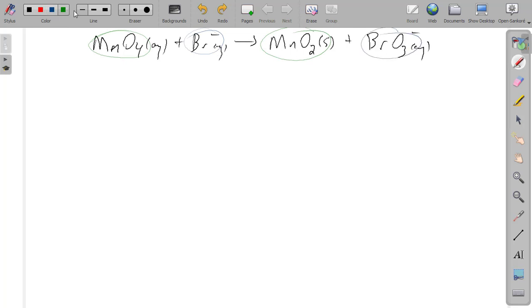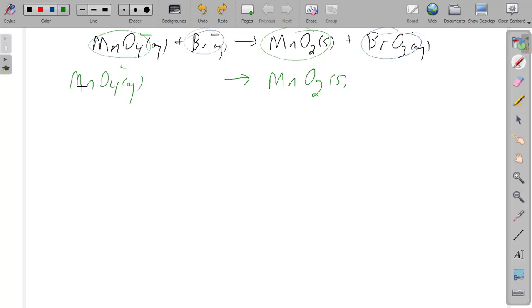So let's focus first on the manganese. We have MnO4 minus, aqueous, which is going to somehow yield MnO2. Now, notice that we have oxygen and manganese on both sides. Remember our trick in the first problem was one side had oxygen, one didn't, so we brought in water.